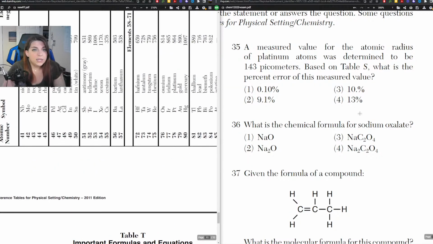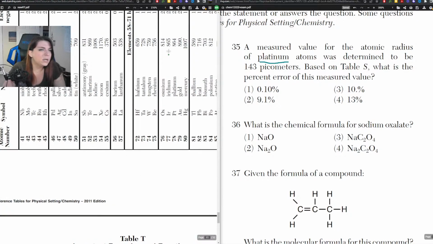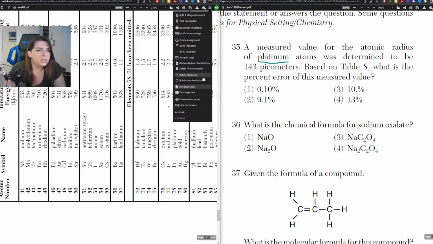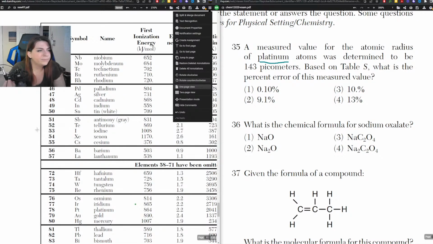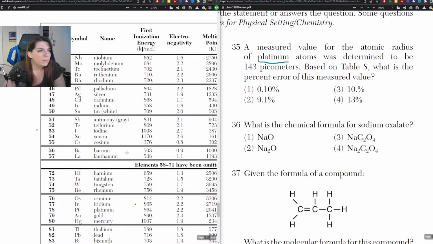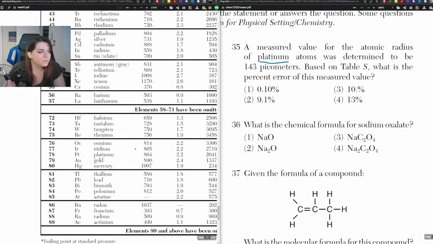We need the atomic radius of platinum in order to correctly answer this question. Platinum is Pt, and I don't remember the atomic number. I know it's a transition metal, and it's somewhere near gold. Is it right next to gold? Yes, it is.